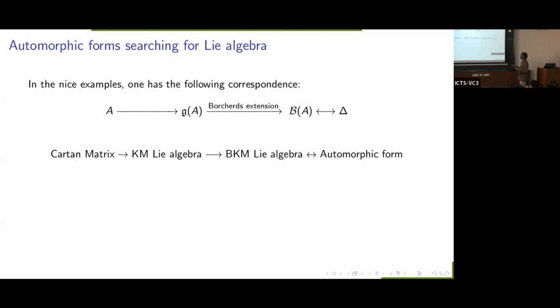So you have this chain: Cartan matrix, Kac-Moody Lie algebra, then you get a BKM Lie algebra, and then you get an automorphic form. And so that delta will have a pi and a sigma.